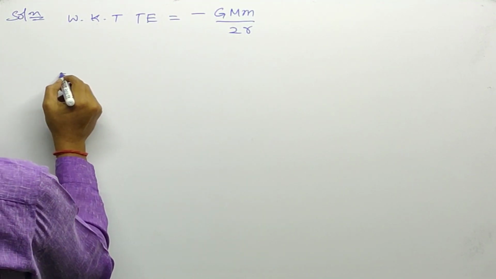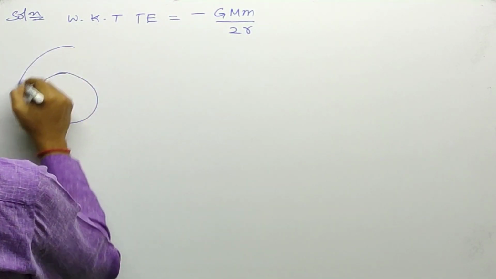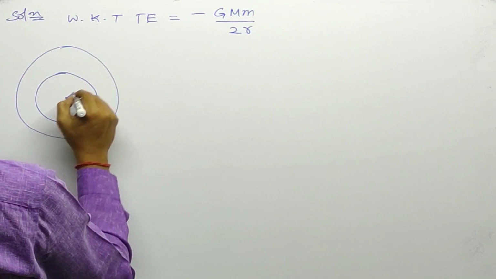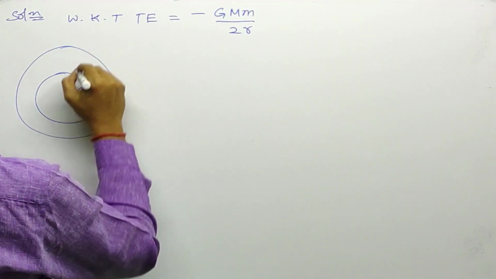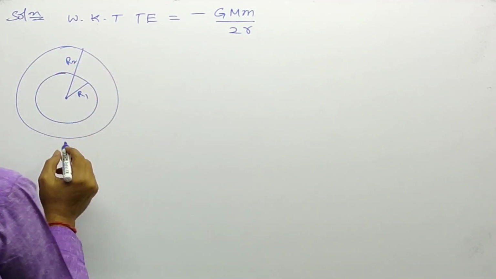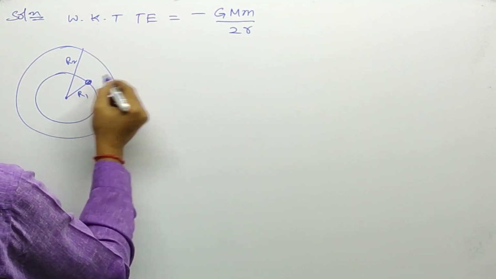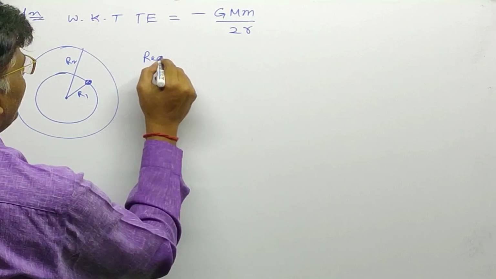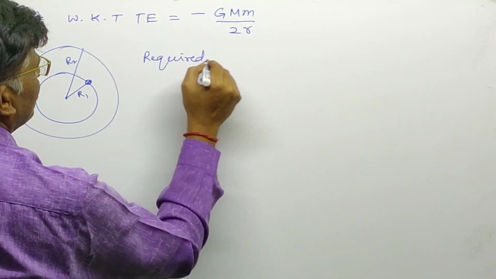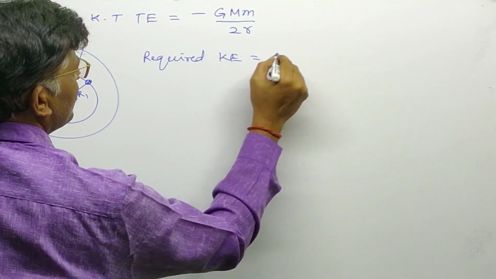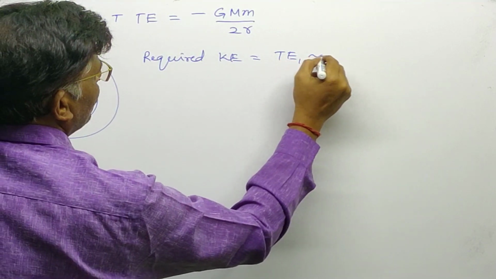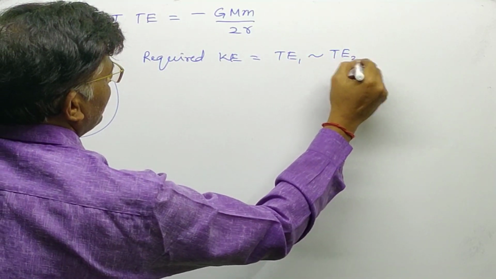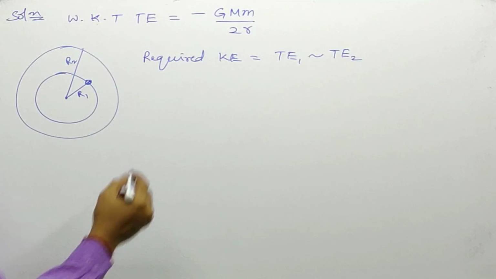When the satellite is shifted from one orbit of radius R1 to another orbit of radius R2, the required kinetic energy is equal to the difference of total energy in those particular orbits.